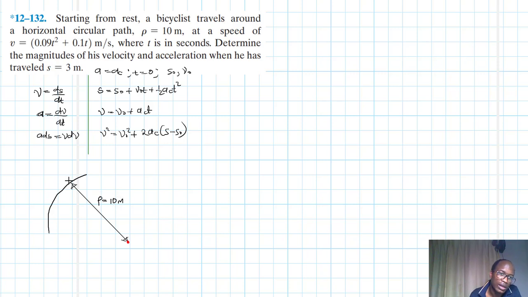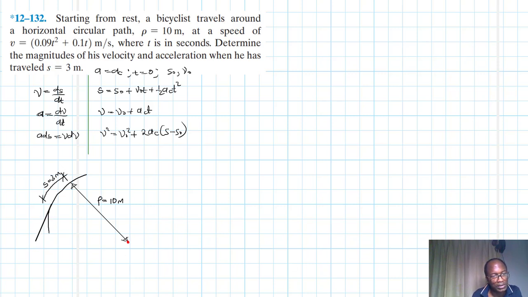And the cyclist rides a distance of 3 meters.